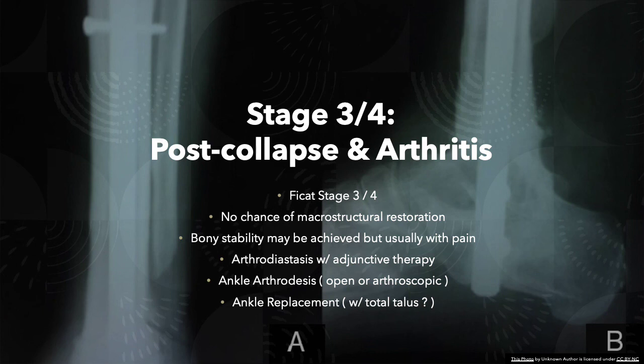And typically the invasive measures include arthrodiastasis with adjunctive therapies such as PRP injection, stem cell injection, etc. Ankle arthrodesis or ankle replacement with or without total talus, which is something that I think will become more commonplace as the technology with 3D printing improves over time.